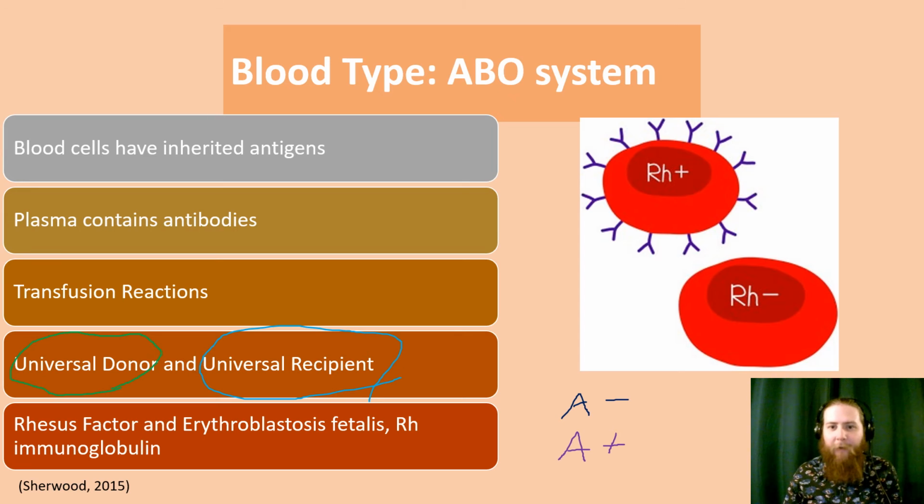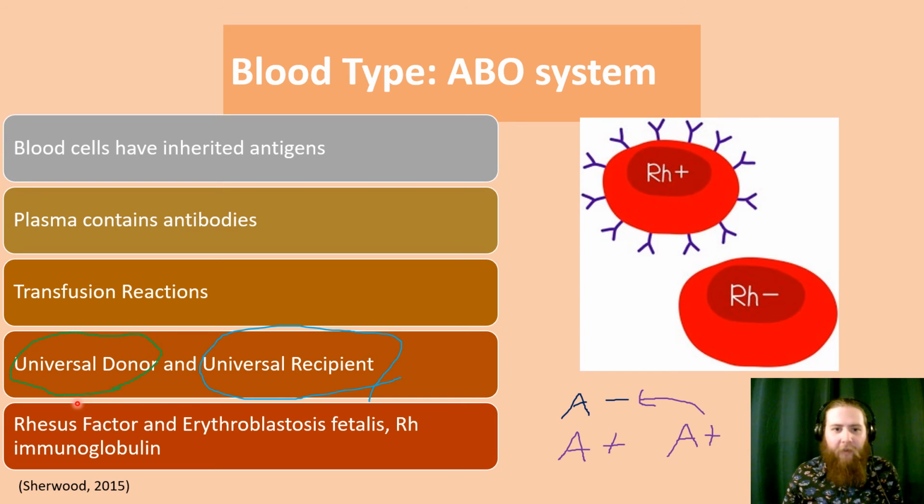That positive blood would go in there, it would do its job, but in doing so, it would alert the A negative immune system, and they would say, hey, let's make this antibody against this positive for next time we see it. And so that will happen, and then the next time, further down the road, that this A positive is tried to transfuse, we will have that transfusion reaction and we will have agglutination form.